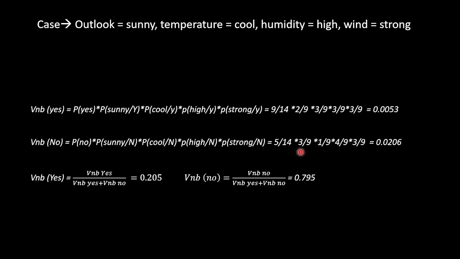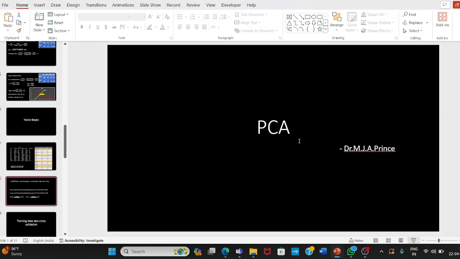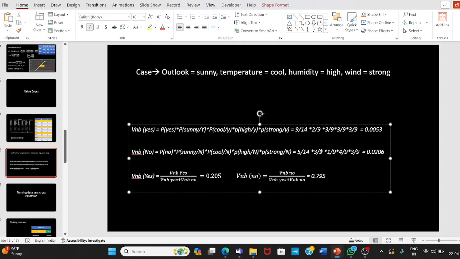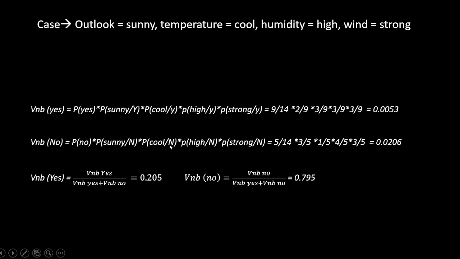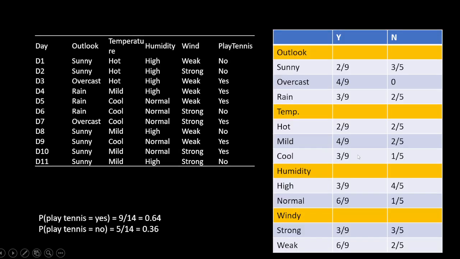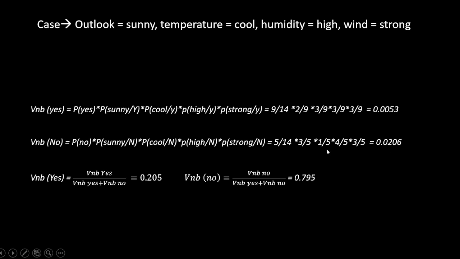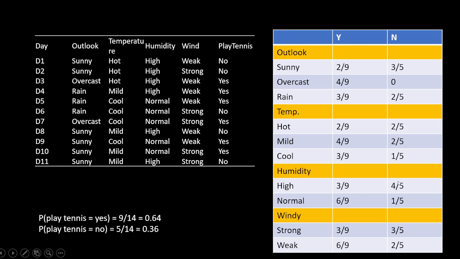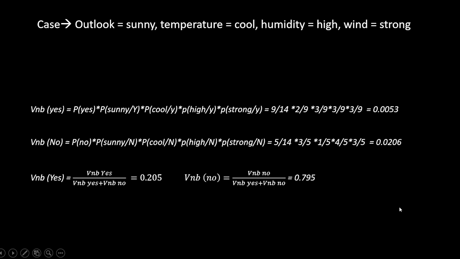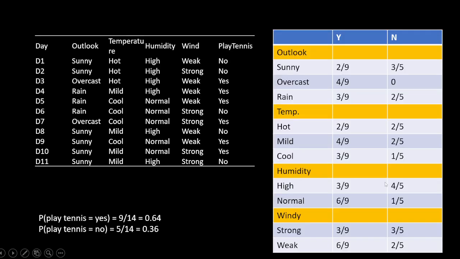There was a typo earlier when we mentioned the probability of no; it was supposed to be 5. Cool given no is 1 by 5.